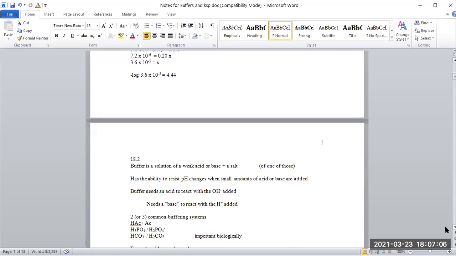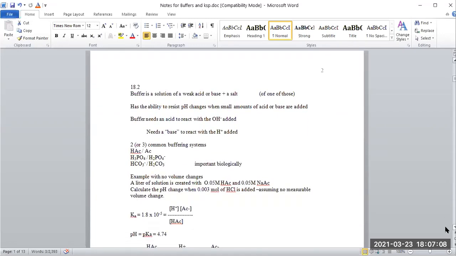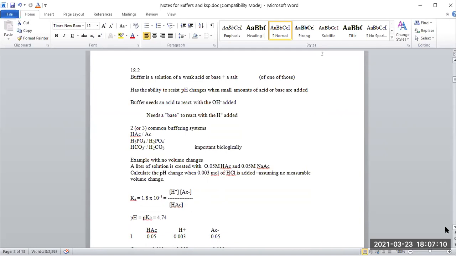All right, let's look at the 3 that are most common. So there's the one that I already showed you there on the first page, that is usually acetic acid mixed with, it can be either sodium acetate or potassium acetate. It doesn't really make a difference what your ion was there in the front. Sodium and potassium are usually the most common.